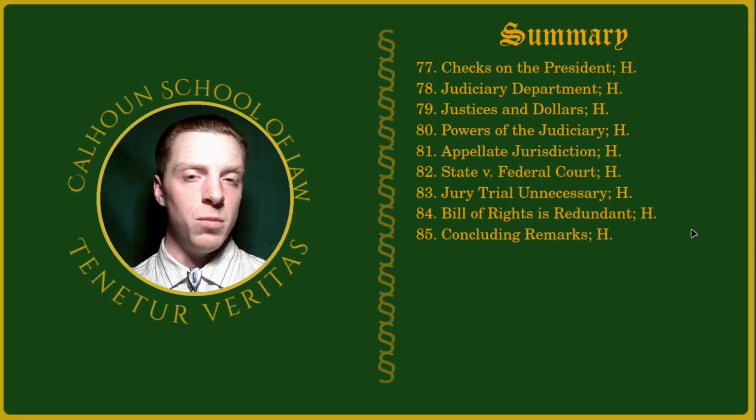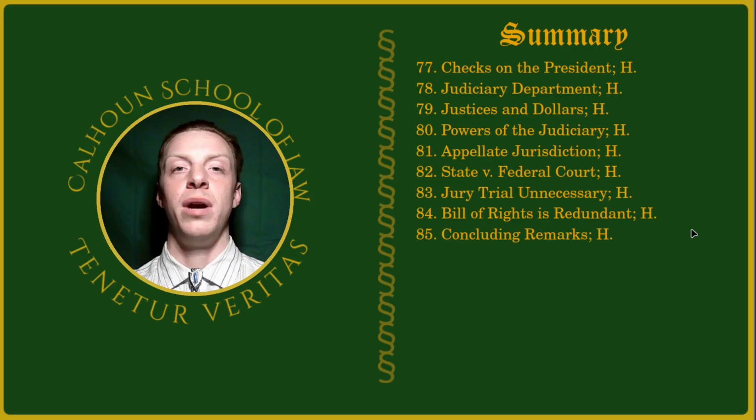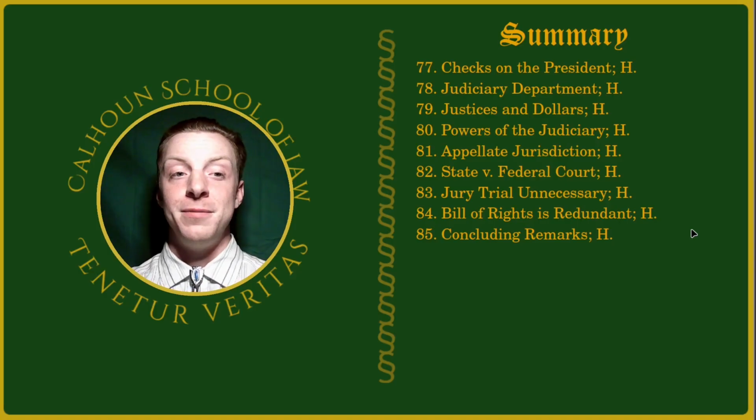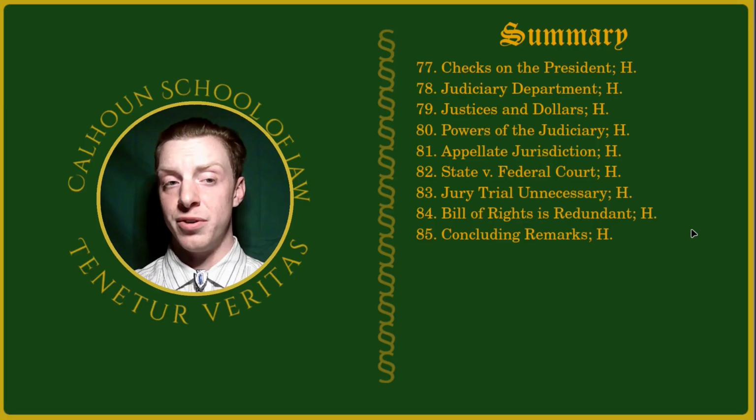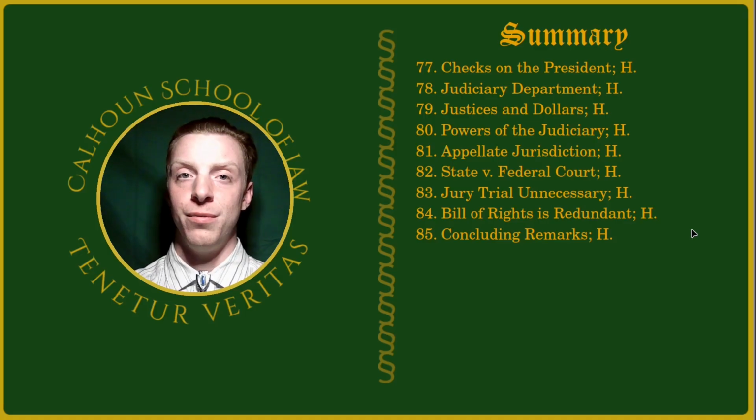82, another fairly important one, the powers between state and federal court, again by Hamilton. This is where he explains that the federal courts, of course, are going to rule on very specific matters, but that's only in the purview of the U.S. Constitution. The states ultimately determine what is and what isn't compliant to their state constitutions.